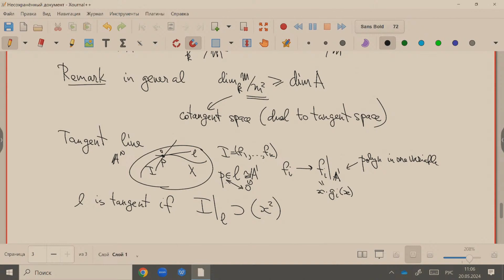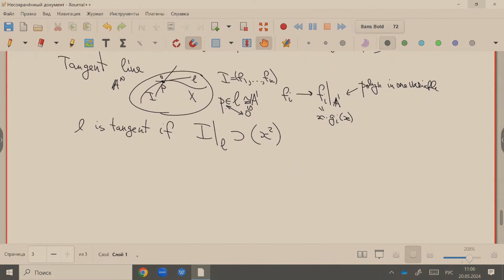So now I want to prove the following goal. Suppose A is a Noetherian local ring, and suppose that A with maximal ideal M is a regular local ring.